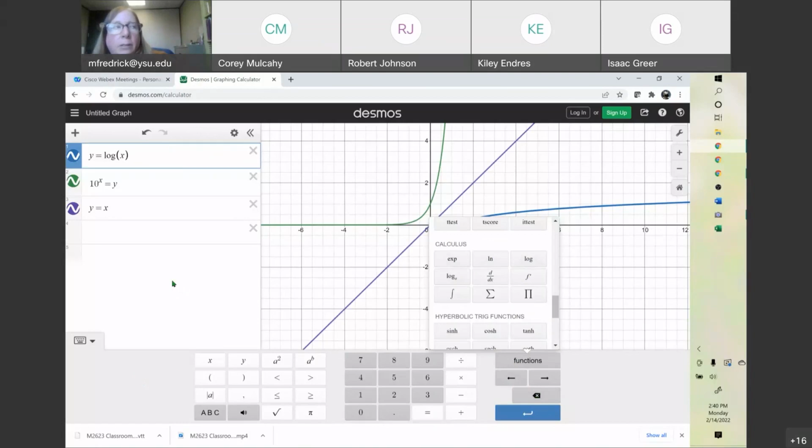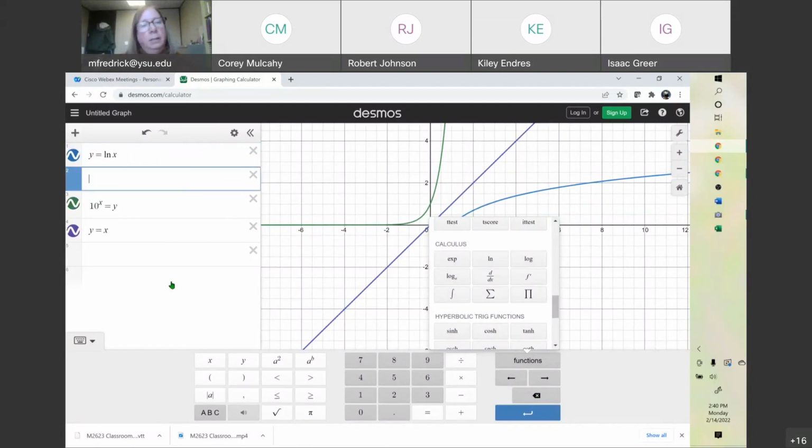Any questions? So then if we do the natural log one, we do the natural log of x, and then delete these two.